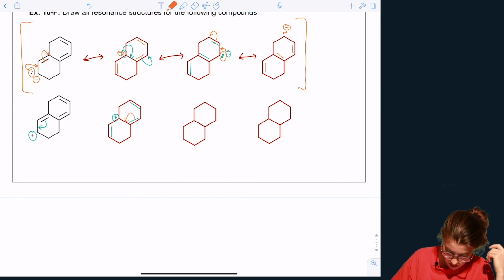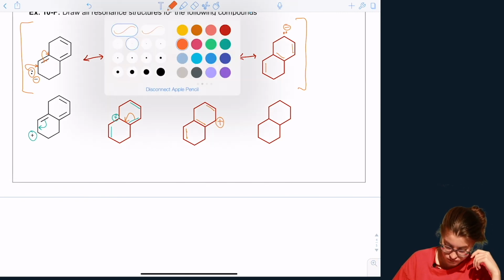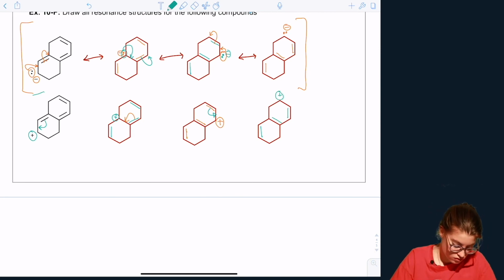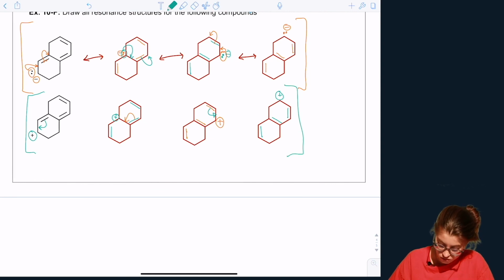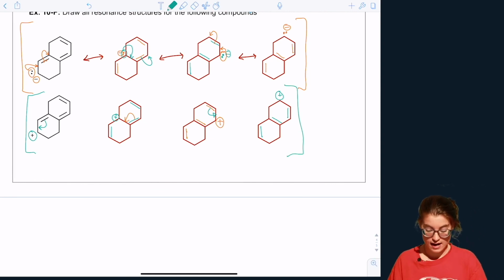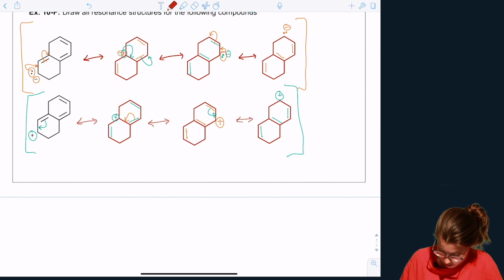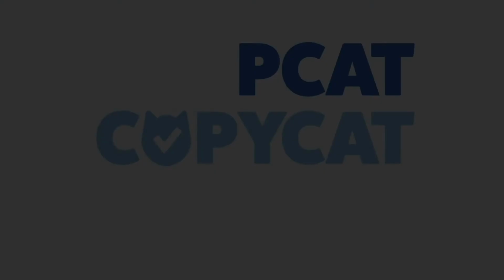I can move that there, which means my positive charge is now on that carbon. And I can move it one more time, which means my positive charge is on that carbon. So those are the 4 resonance structures, and that's the way that I get to all 4 of those resonance structures for the carbocation in the molecule.